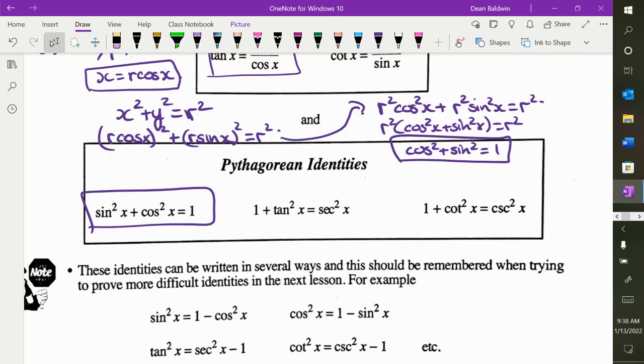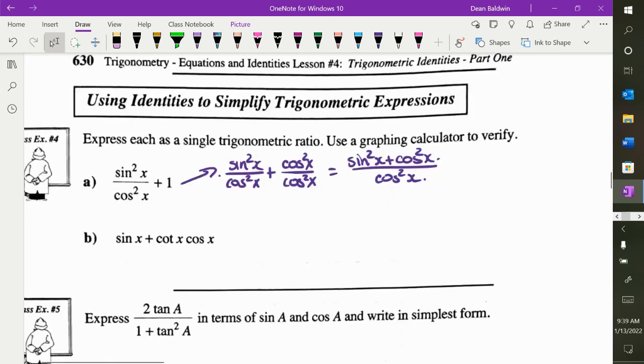As soon as you see a trig function squared plus a trig function squared, whether it's sine and cos, or tan and secant, or cotan and cosecant, think Pythagorean identities. Or when it's combined with the number 1. So sine squared plus cos squared equals 1. That's off the identity sheet, so you can just sub that in.